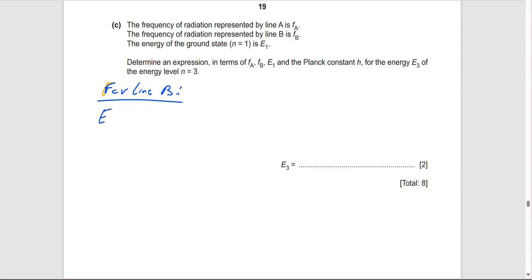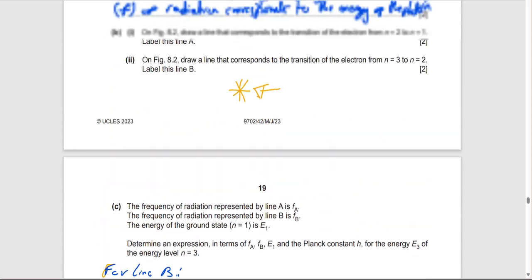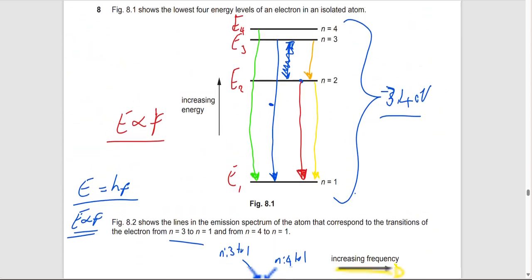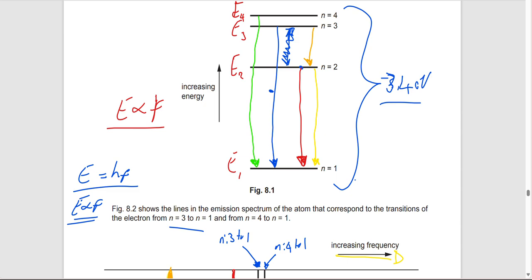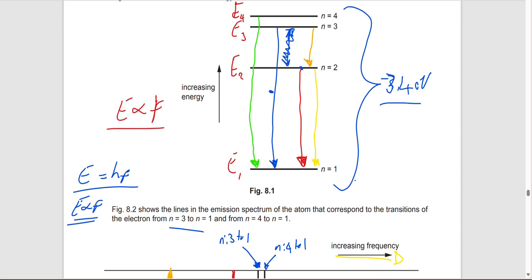For line B you have E3, the energy difference, minus E2 is equal to FBH. Right, if you go to the diagram, it says E3 minus E2. Well, this is line B, and this is line A, right?